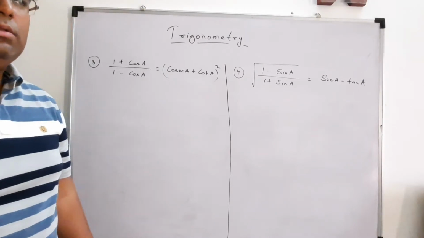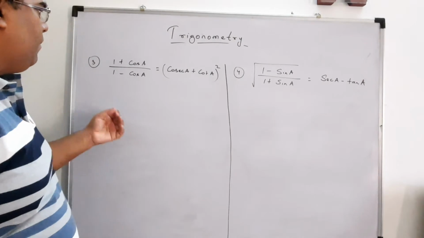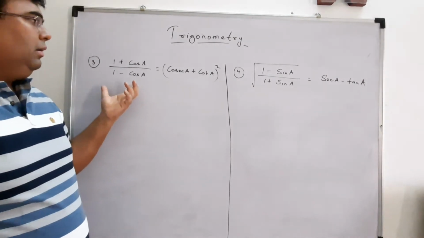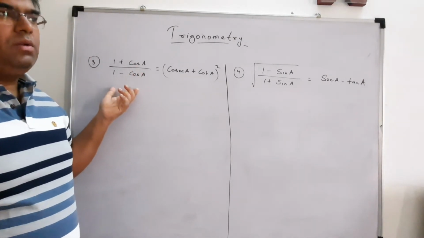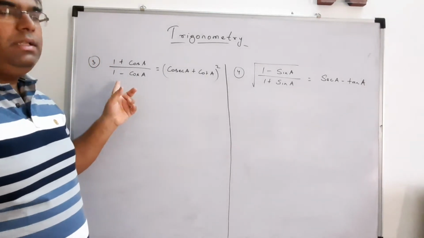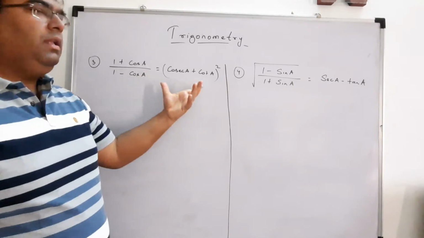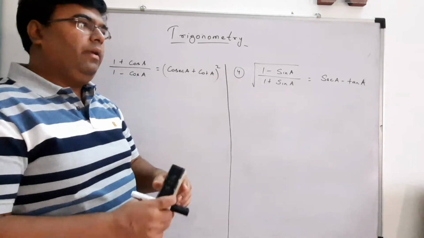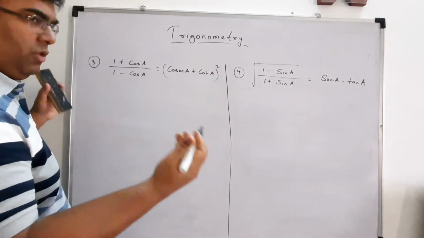Now let us take two more examples. Here, 1 plus cos A upon 1 minus cos A is equal to cosec A plus cot A whole square. In the LHS there is no square term, but in the RHS we have a square. So how do we bring square terms?